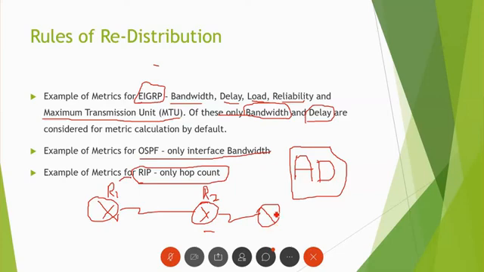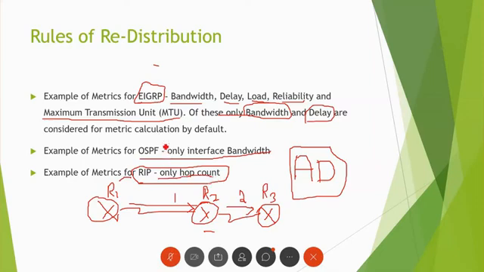For a data packet to move from R1 to R3, when a packet moves from R1 to R2 it is called one hop. And when a packet moves from R2 to R3 it is called the second hop. So this hop count is the metric for the RIP protocol.